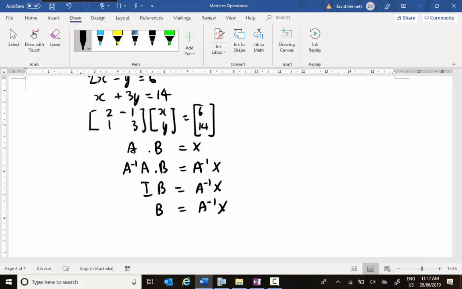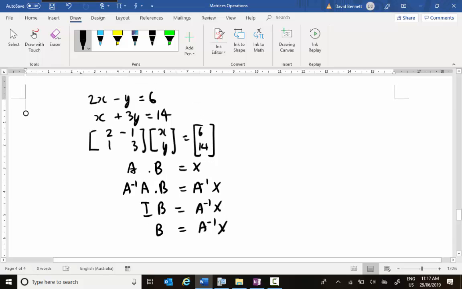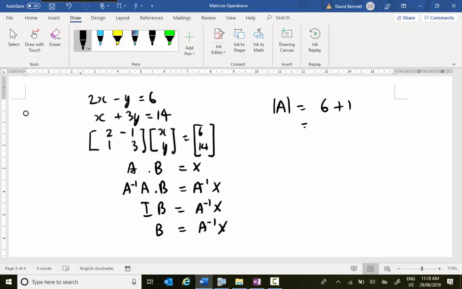Now, I need to work out my inverse matrix. So first of all, I have to work out my determinant of A. That's going to be equal to 2 times by 3, which is 6, take 1 times by negative 1, which is plus 1. That's going to give me an answer of 7. My inverse matrix of A is equal to 1 over 7. Now, remember what we do with the inverses?